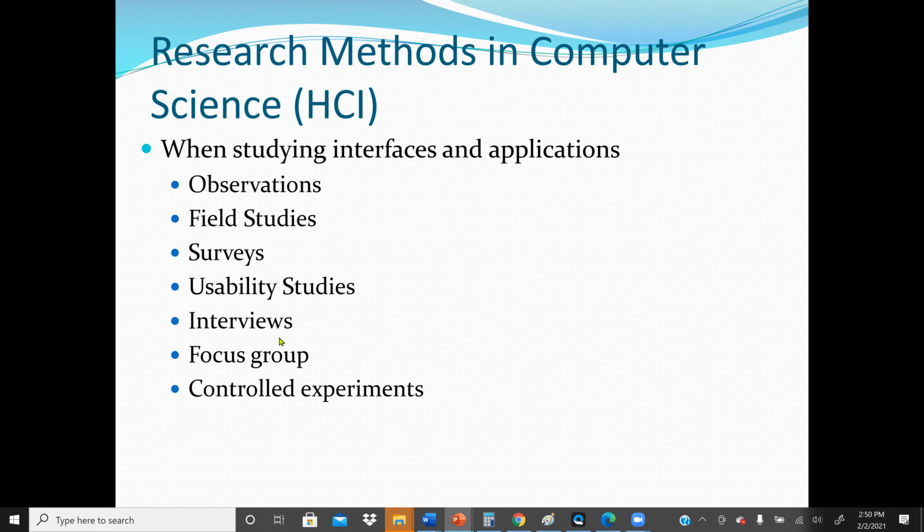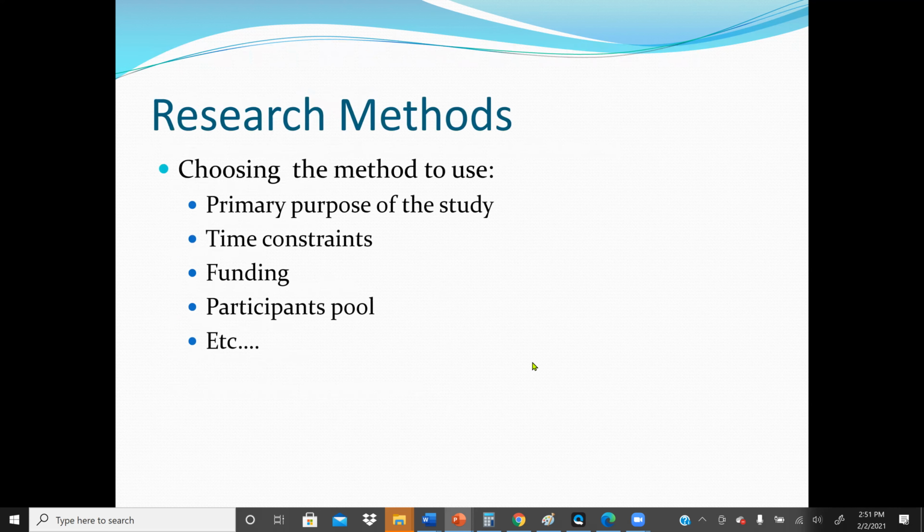We also do interview studies, focus groups, and controlled experiments. All these studies or research methods can be used if we are in the field of computer science or human-computer interaction.